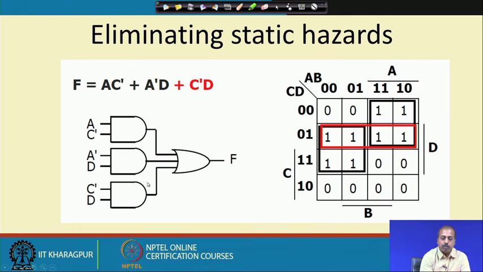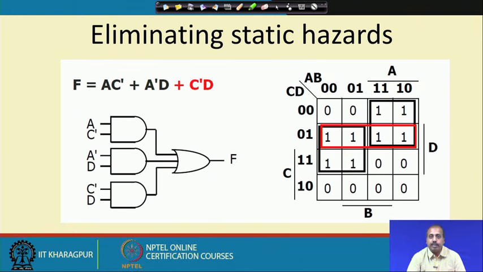The problem occurred because for some amount of time A and A bar were both equal to 0. As a result, both the inputs of this OR gate were 0. But now the C bar D term has been added, and C bar D does not make a change. C bar D holds the value at 1. So, you will be getting a 1 if we are changing the input combination like that.